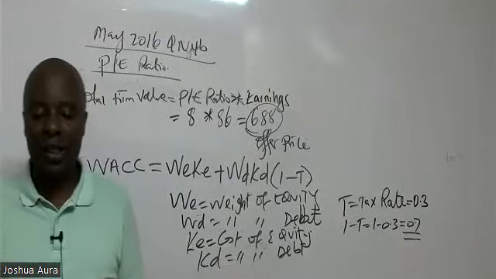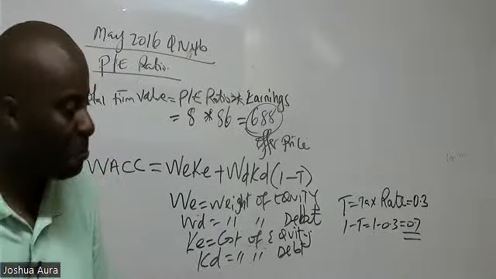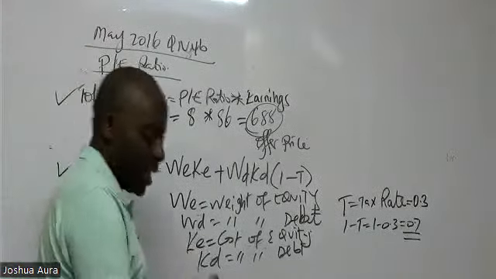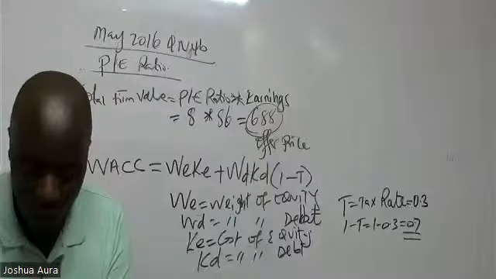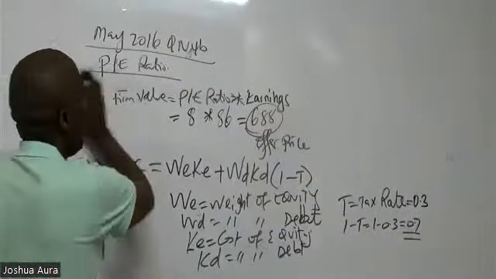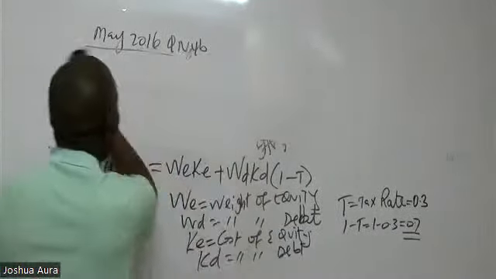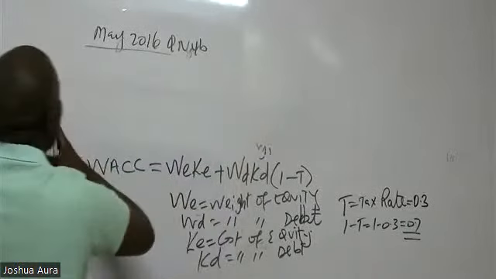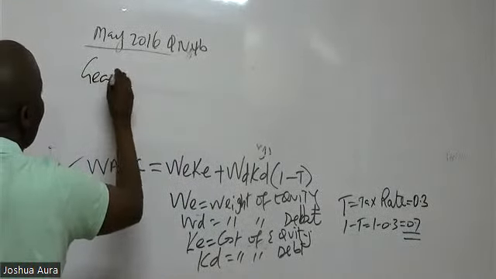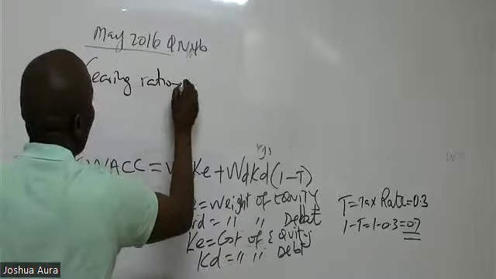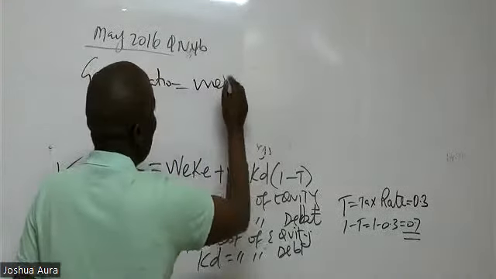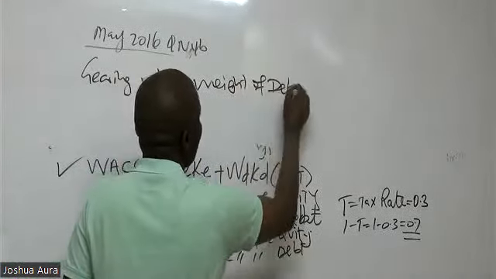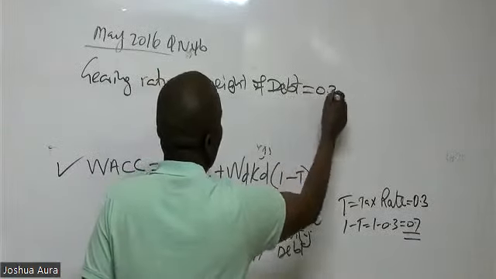Gearing ratio is the same as weight of debt, which is 0.35.